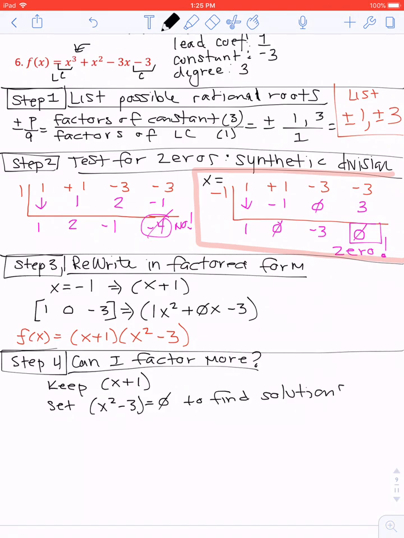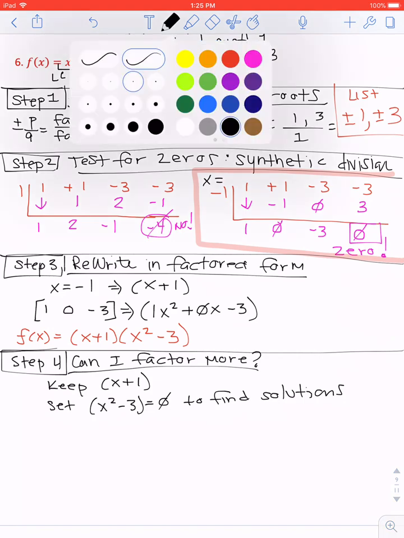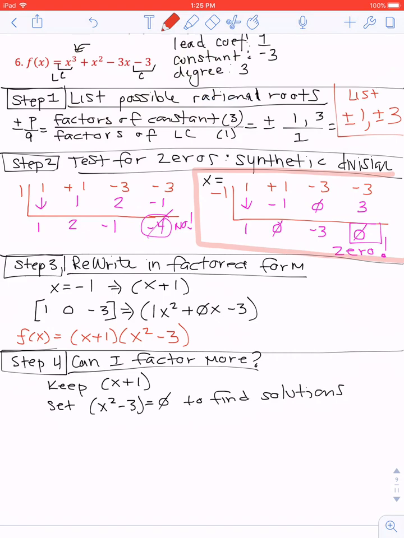So you have a couple different choices, but if you're just left with a binomial with an x squared, you know how to use square roots to solve by now, so you can do that. So let's take that. X squared minus 3 equals 0. So we have x squared equals positive 3, or x equals plus or minus root 3.